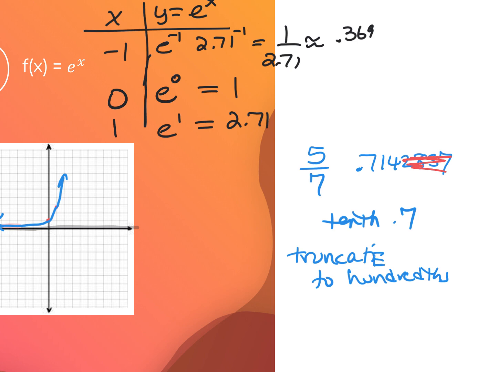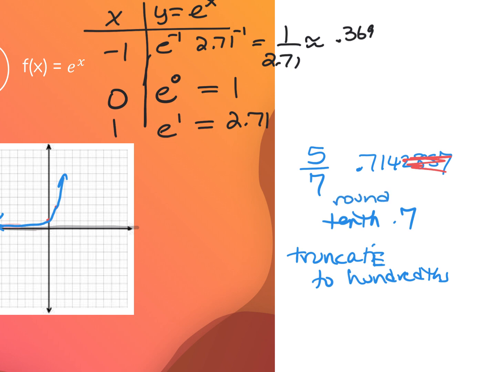If it says round, remember that's when you look at the number next to it. If it's 5 or bigger, it goes up. If it's 4 or less, it stays the same. But when it says truncate, whatever place value they say to truncate to, chop it off.